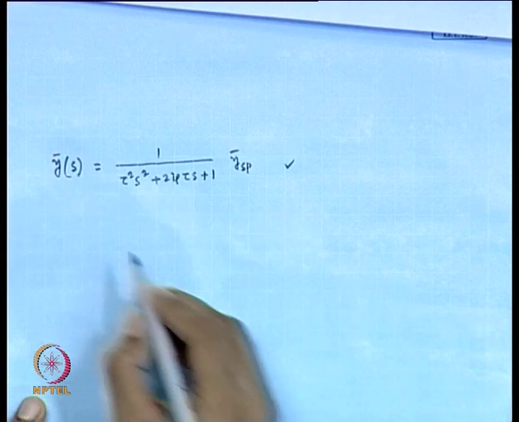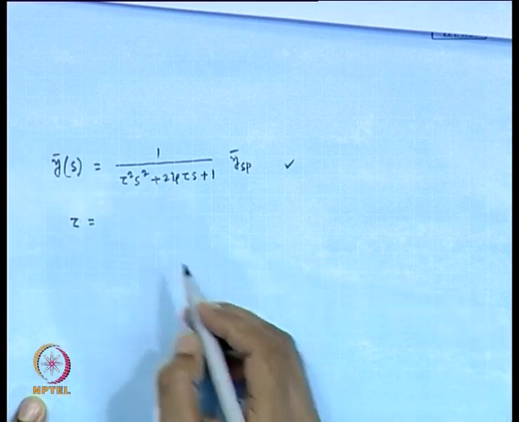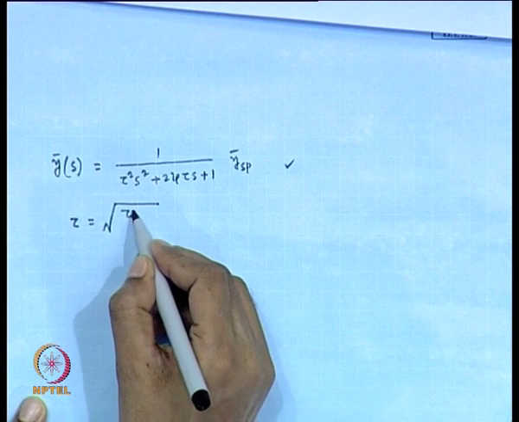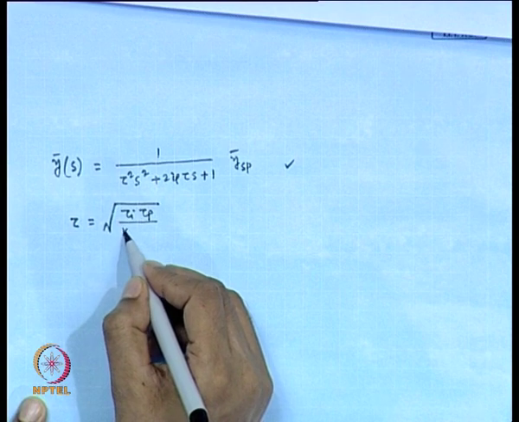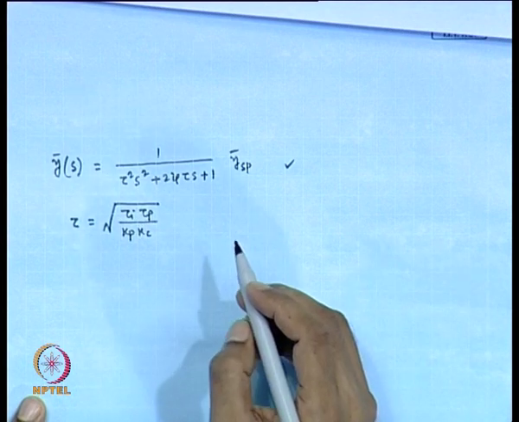where tau is root over of tau I tau P divided by Kp Kc. Tau has this relationship.